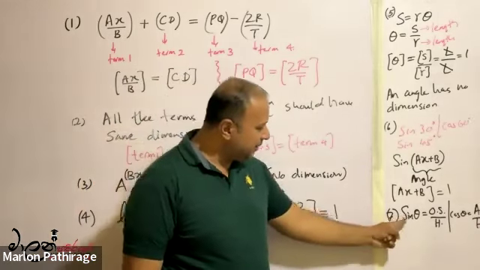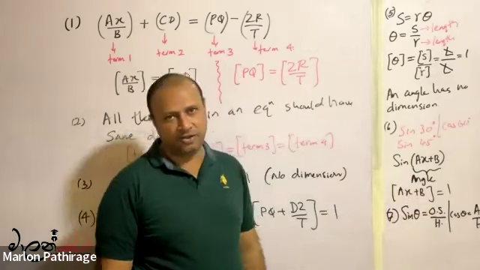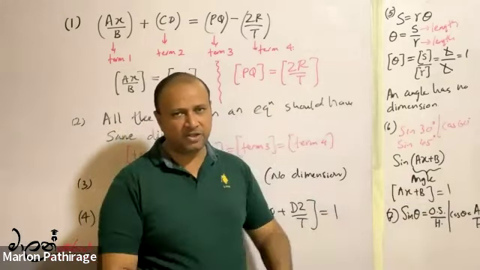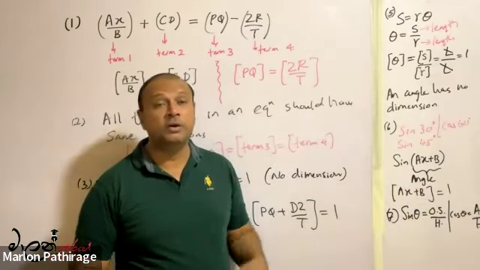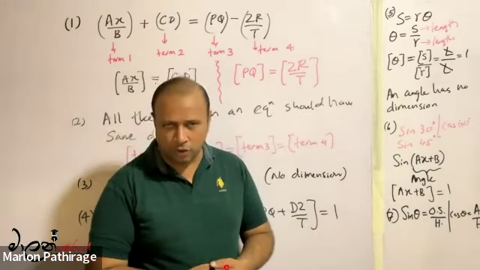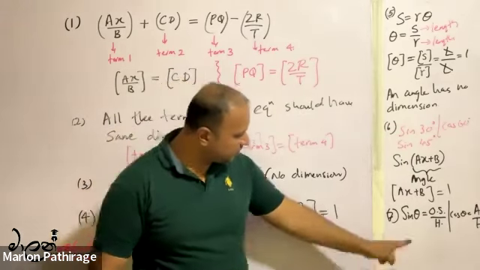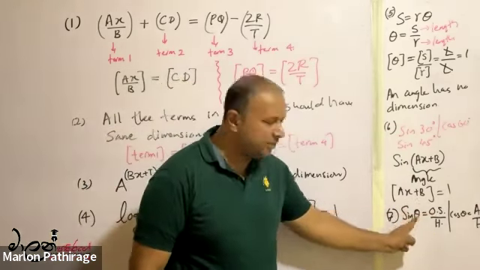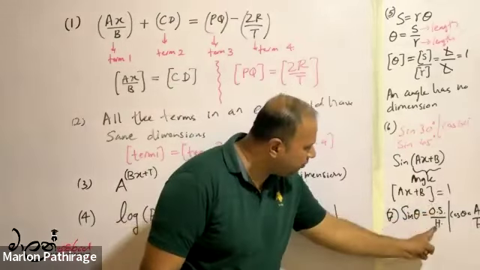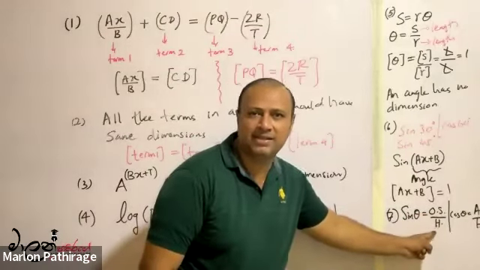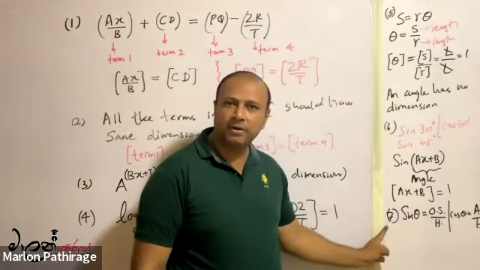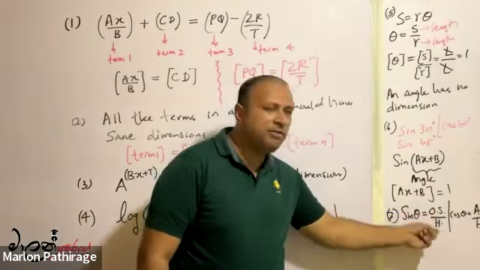Therefore, if we consider any trigonometric function, the entire function has no dimension, because a trigonometric function means it is a ratio between two lengths, two L's. So if you consider the dimension, L over L will be cancelled out.